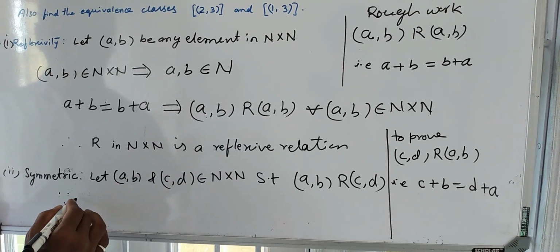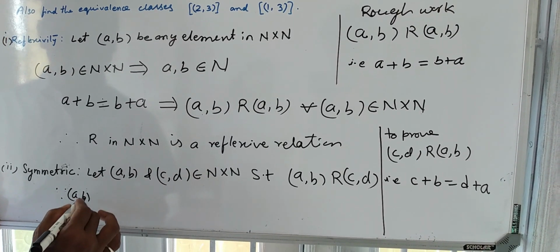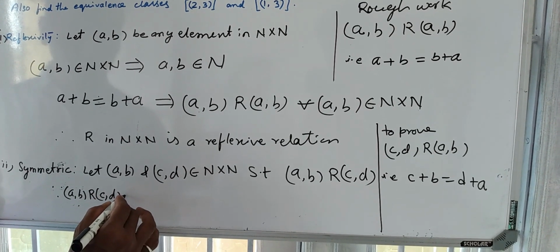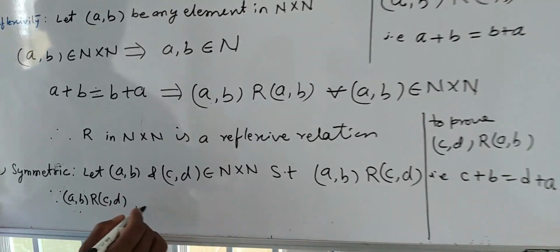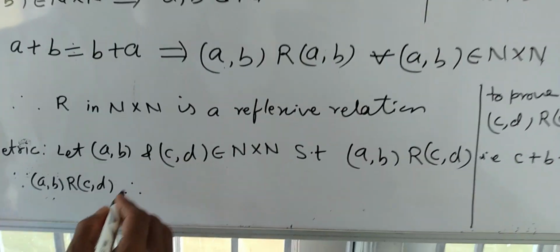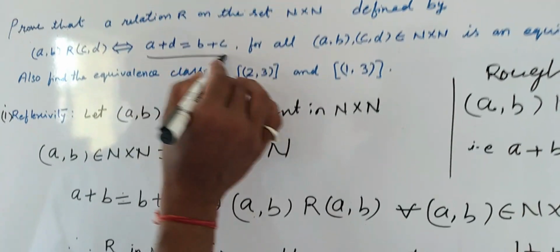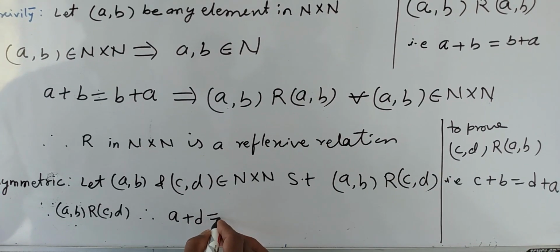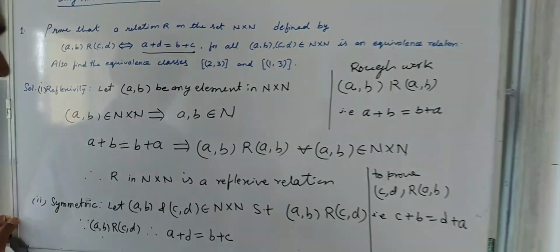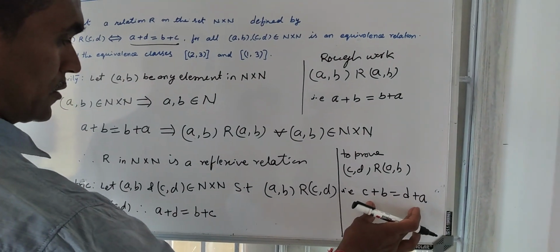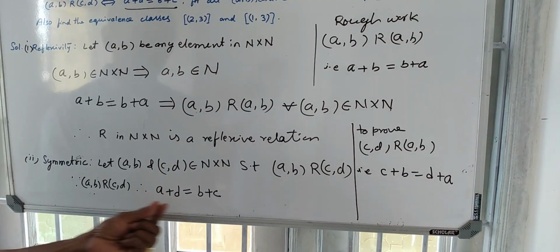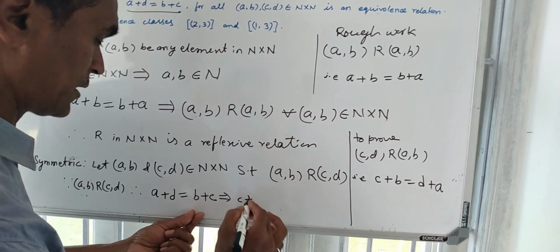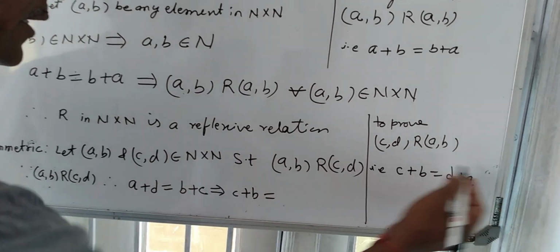But it is given (a, b) is related to (c, d). Since (a, b) is related to (c, d), therefore, according to this relation, a plus d is equal to b plus c. But we have to prove this, so c plus b, we can write, c plus b is equal to d plus a.